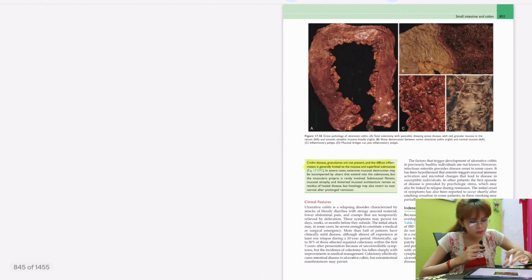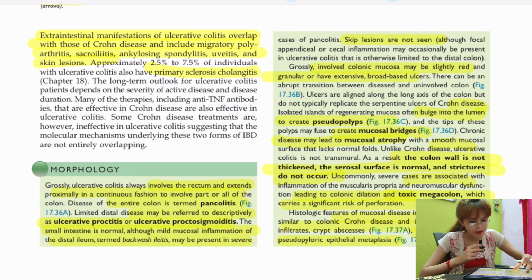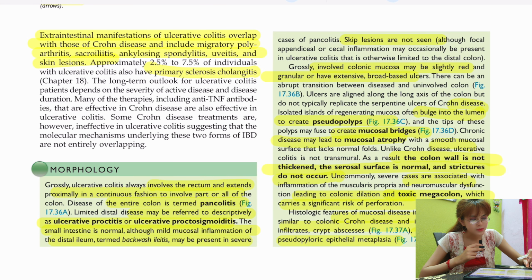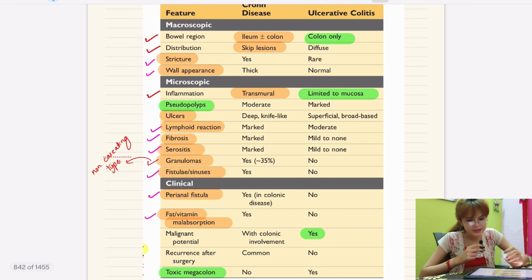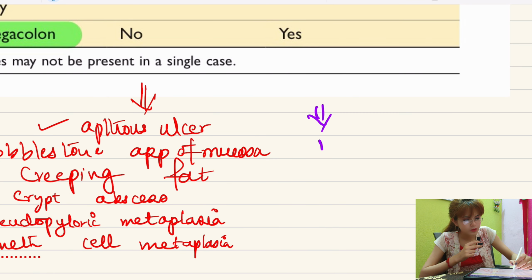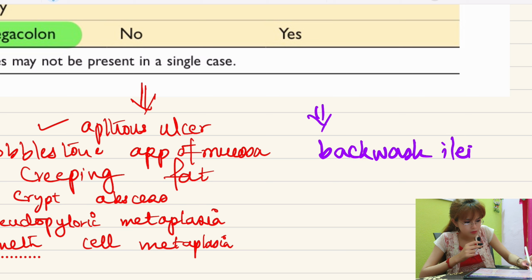So now what are the extra points that we found over here? First of all, backwash ileitis and pseudopolyps, mucosal bridges, mucosal atrophy. So here we can see that yes, pseudopolyps are marked in case of ulcerative colitis. There is backwash ileitis.